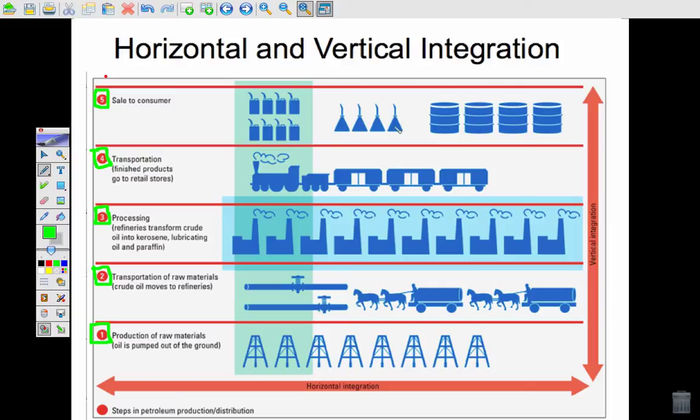You then transport that finished product to someone that can directly sell to the consumer, like a retail store or a gas station. Now, how vertical integration works is that the person must own each of the 5 steps. So you must own step 1, step 2, step 3, step 4, and step 5.